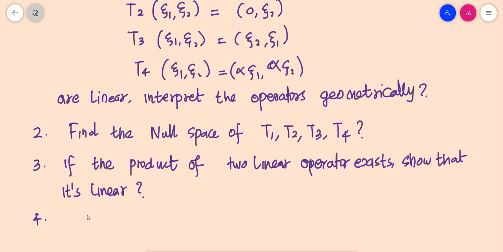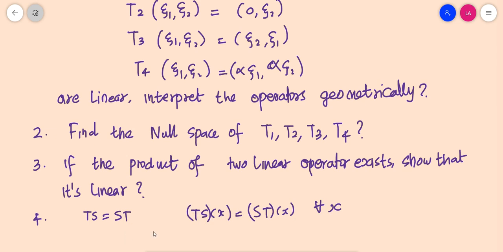The next question is: two operators S and T commute if TS is equal to ST. The composition of S and T and of T and S are always the same, which means that TS of x is equal to ST of x for all x.